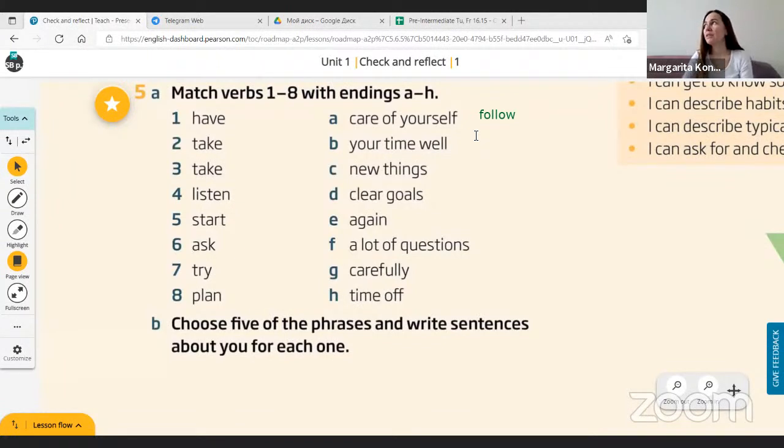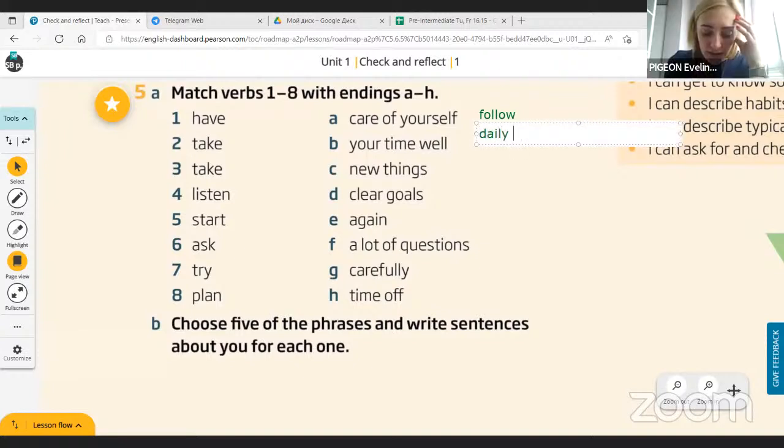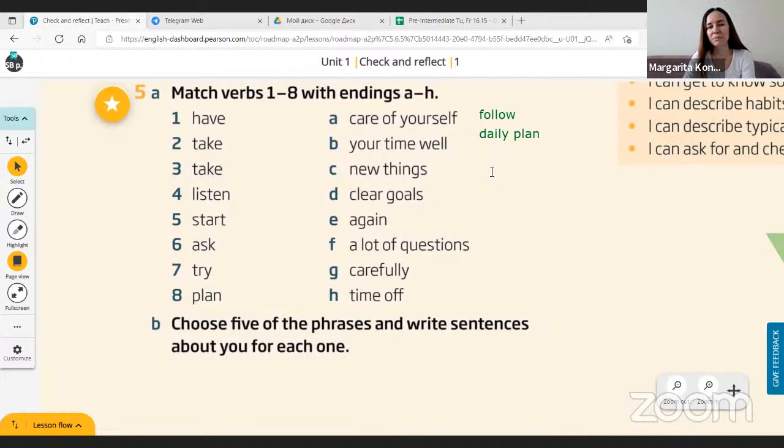Diary, you mean daily plan, maybe? Daily plan. Do you mean this? I try to fit.